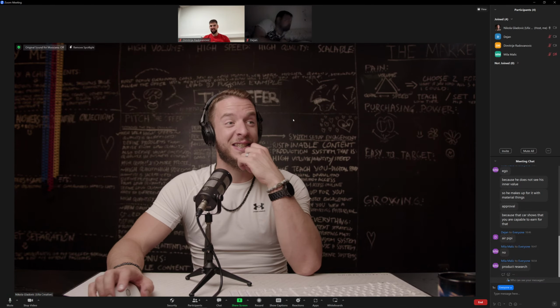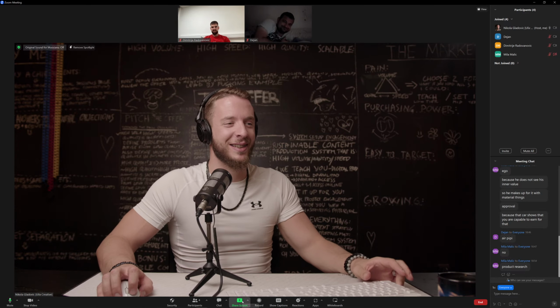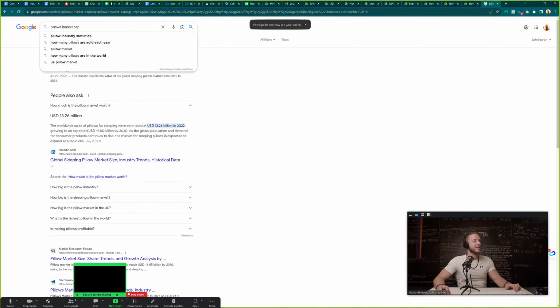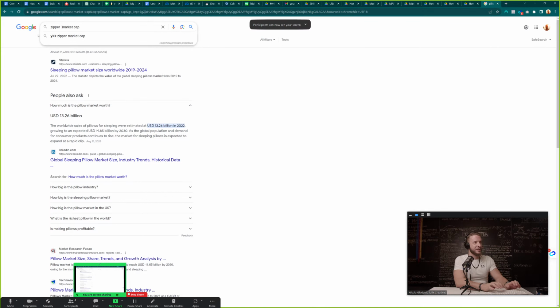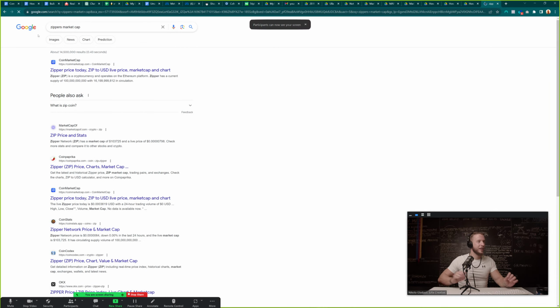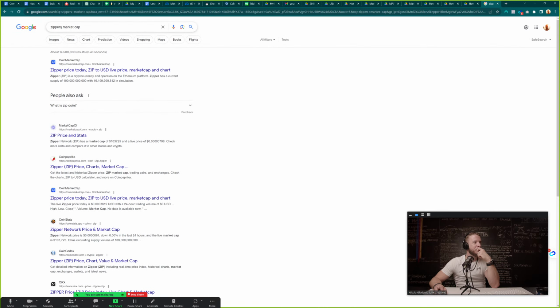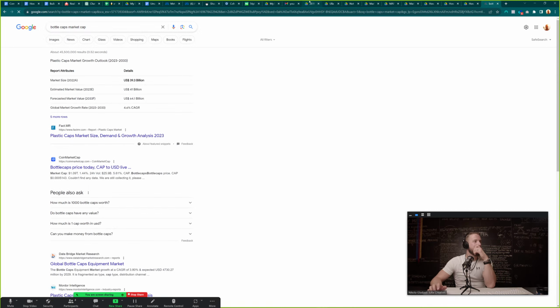Let's go with the zipper market. Let's see how much money is in the zipper market. Zippers. No, it opens up a zip. I don't want zippers. Let's go with bottle caps. What the fuck?